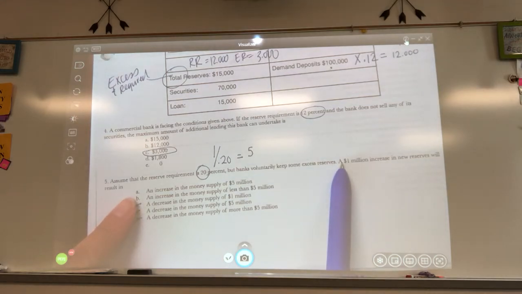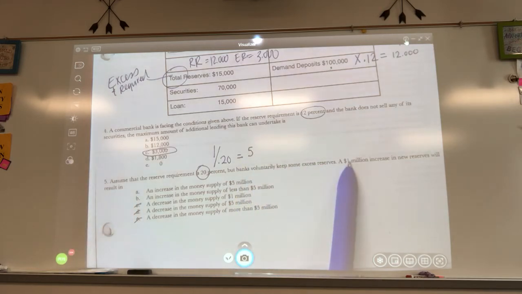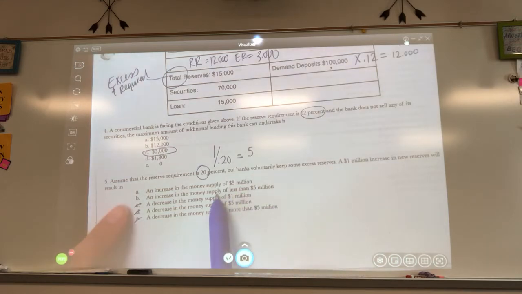No. Because if I know 5 times 1, that would be not the real total, because have I taken out excess? So if I had to take excess out of 5 million, would it be more or would it be less? So an increase in the money supply of 5 million or an increase in the money supply less than 5 million? There we go.